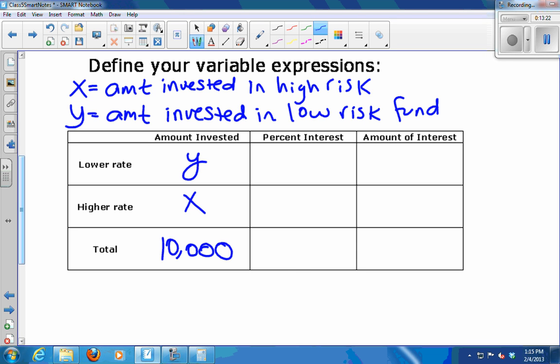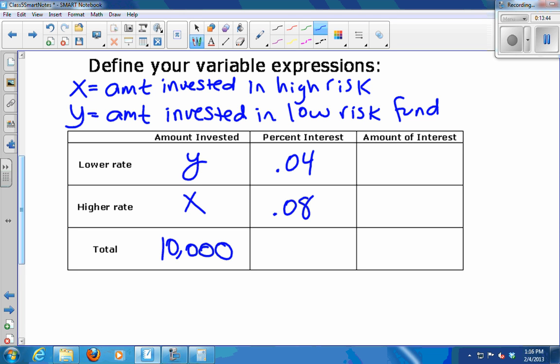And then my percent interest, my lower rate was getting 4%, so we'll do 0.04. Higher rate is 8%. They didn't tell me what my percentage is going to be on my mixture of the two investments, so we'll just leave it blank for now. Fill in the things that they told me directly.